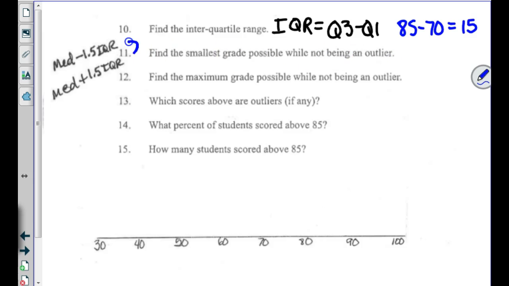Find the smallest grade possible while not being an outlier. Our calculator is going to take care of this step for us in a minute, but I want to talk you through one time what it actually means. Let's put some of this data down here. What was the median again, guys?